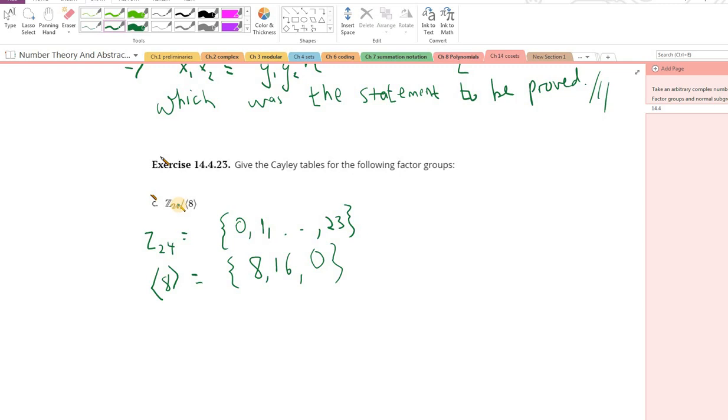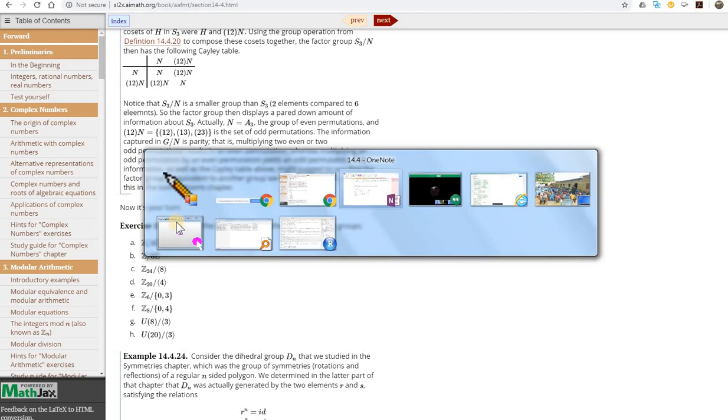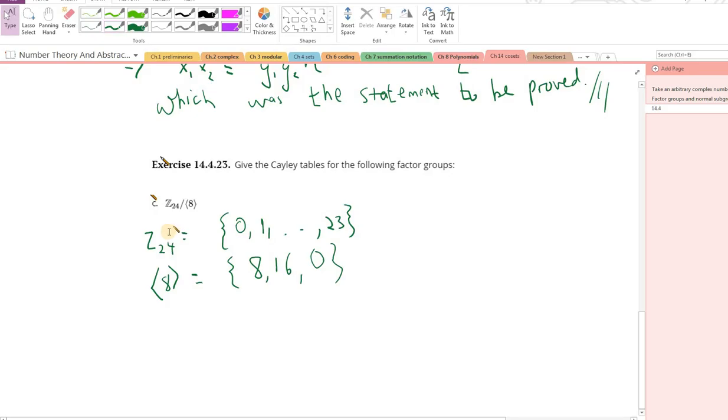Okay, and I think that forward slash is a little confusing and might warrant a little bit of explanation. All right, so let's go back and see what it says about forward slash.